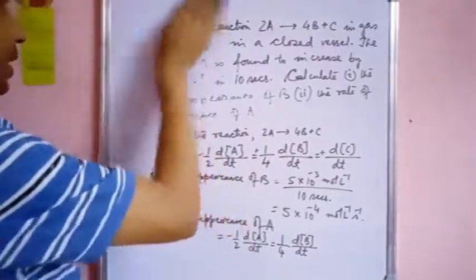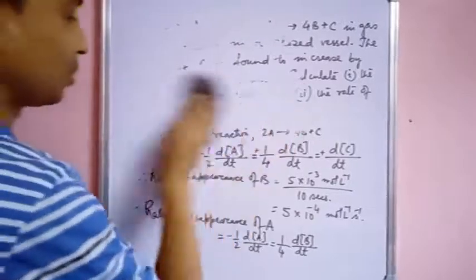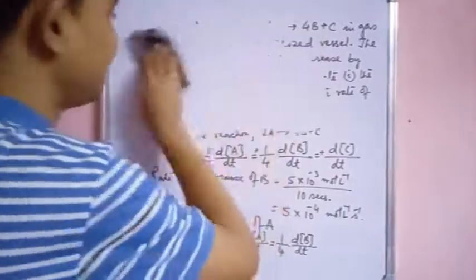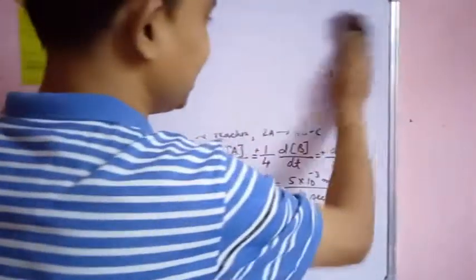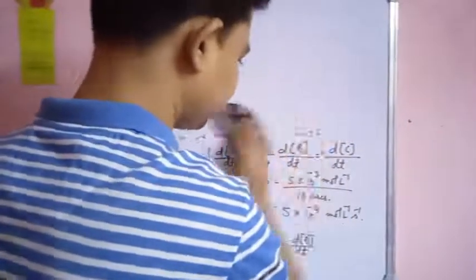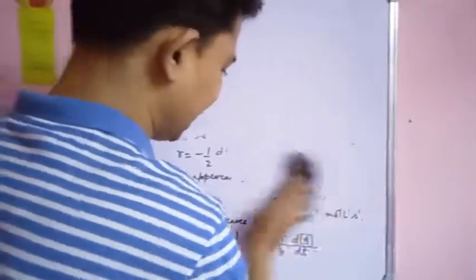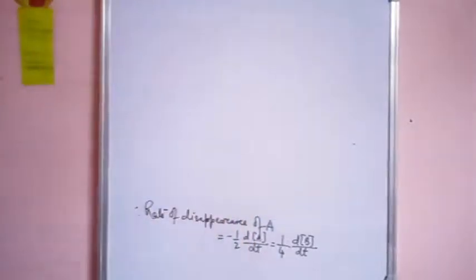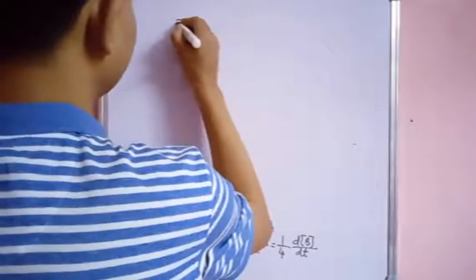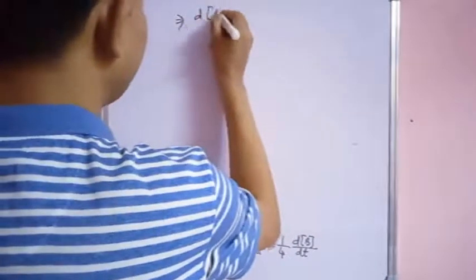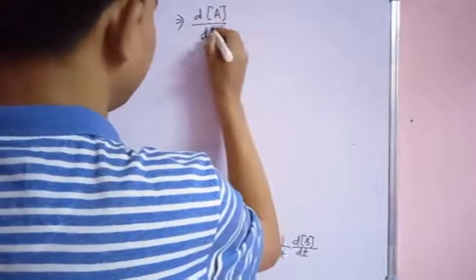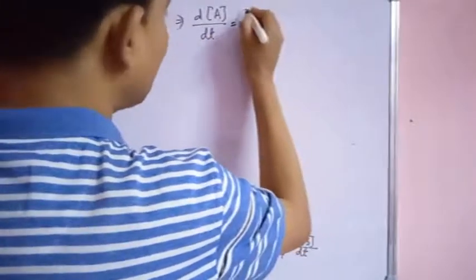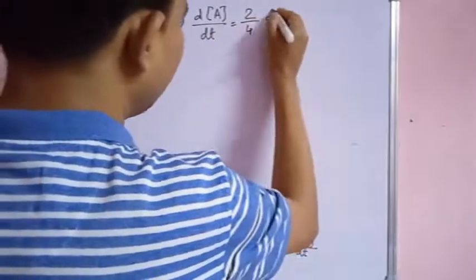Rate of disappearance of A, that is dA by dt, you can write dA by dt is equal to 2 by 4 dB by dt.